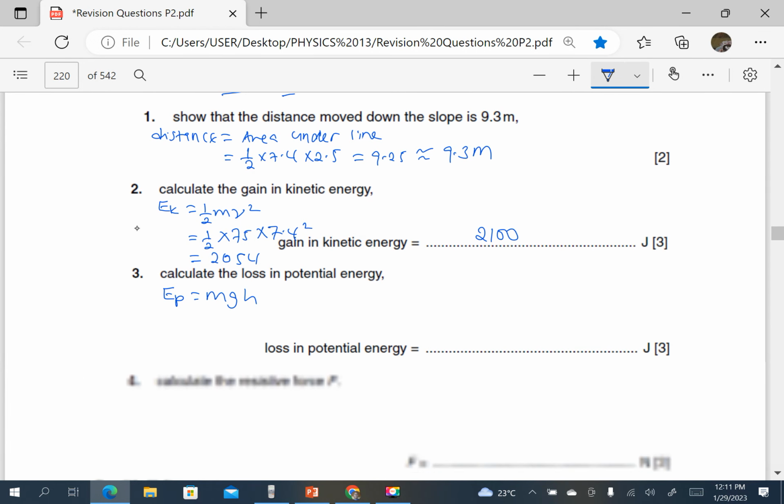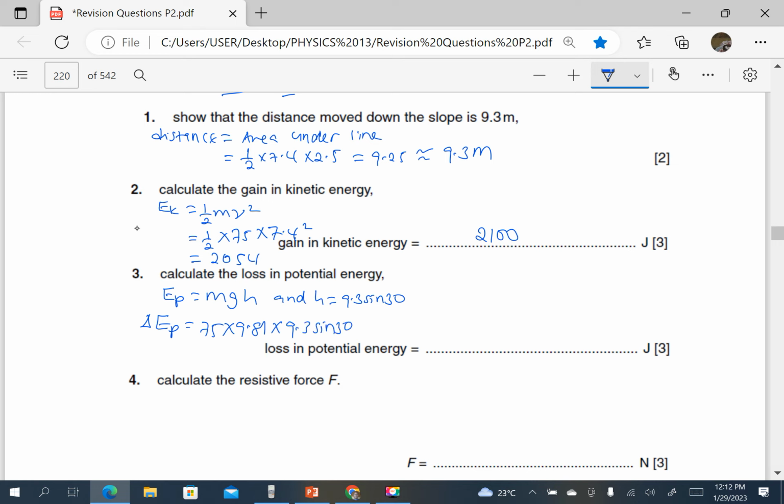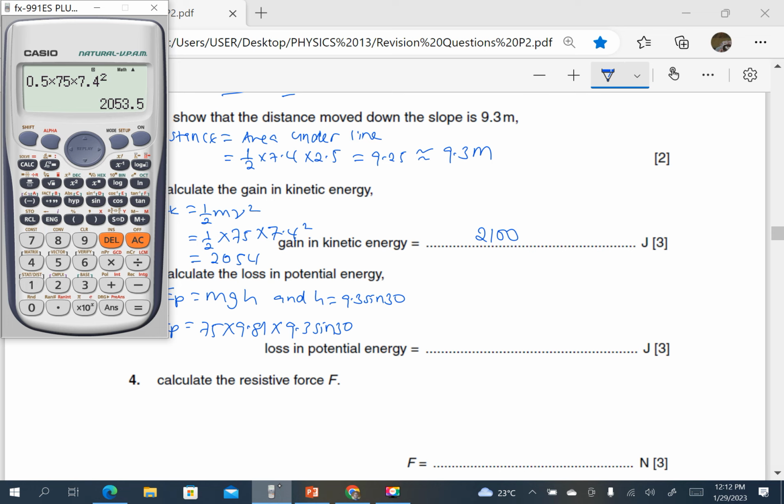So we are now substituting. So the loss in potential energy is going to be mass, which is 75 times 9.81 times 9.3 sine of 30. So we check this. 75 times 9.81 times 9.3 sine of 30. So that is 3421, which is approximately 3400.